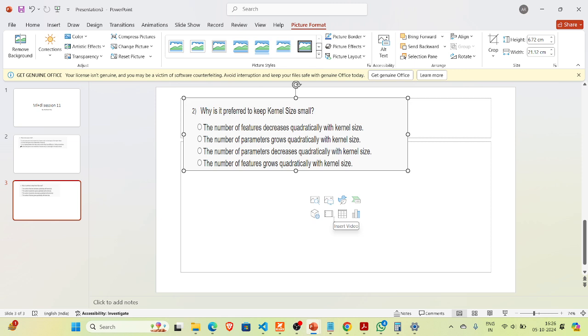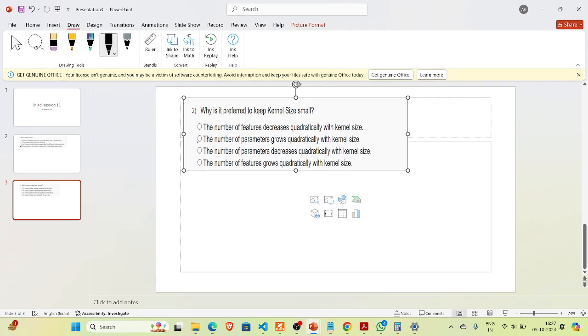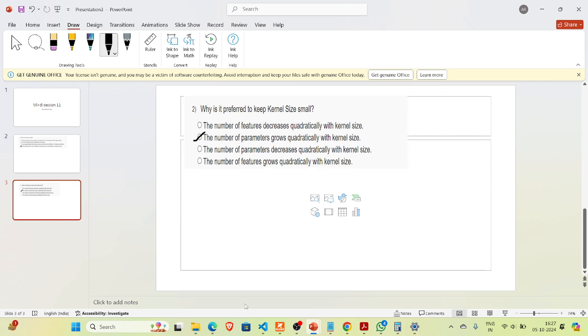So if the kernel size increases, it approaches a fully connected network. It is important to keep the kernel size small so that the parameters do not increase with kernel size. So the answer is this one: grows quadratically with kernel size. Got it.